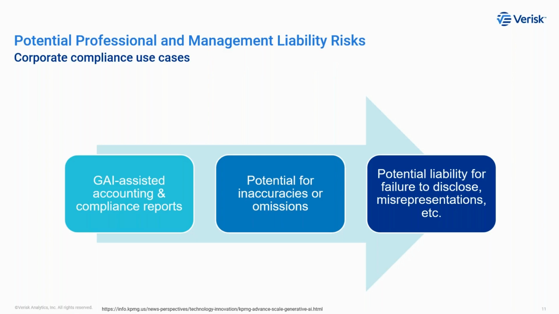These use cases could lead to potential liability if the resulting communications have inaccuracies or omissions, which could draw negative attention from regulators and company shareholders. This type of potential liability could implicate the directors and executives of the corporations, as well as any auditors, lawyers, or other advisors that worked for these corporations if they failed to catch flaws in GAI-assisted work.